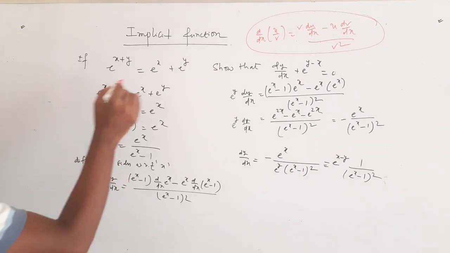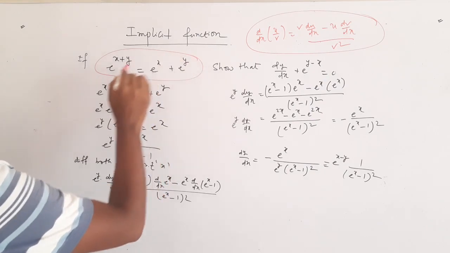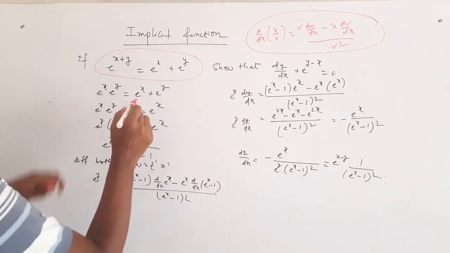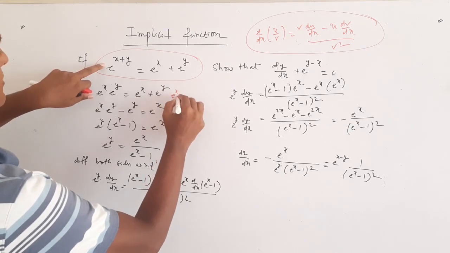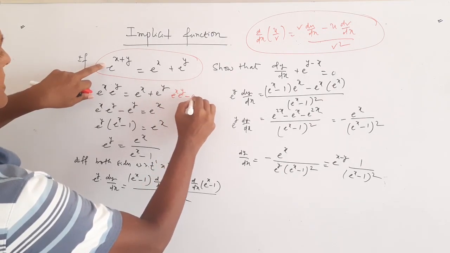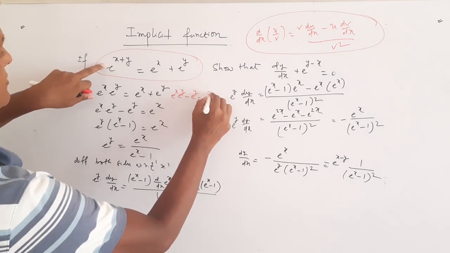Now here you see that we have e^(x plus y) is e^x plus e^y. I take this e^y on this side, so e^x e^y minus e^y is e^x.